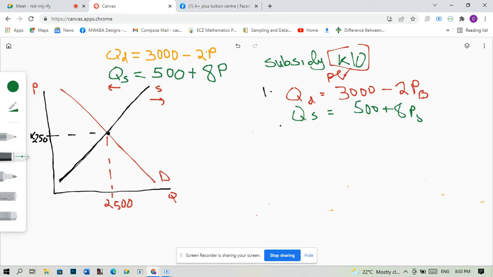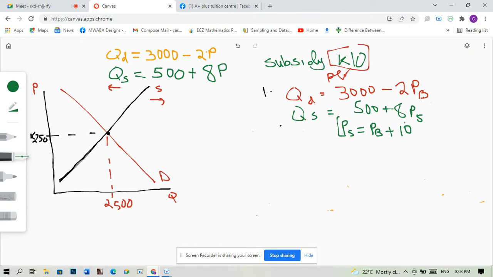This PS represents the money that the suppliers are receiving. So PS equals the price that the consumers are paying plus the subsidy which government has enforced, which is 10 kwacha. So PS equals PB plus 10.